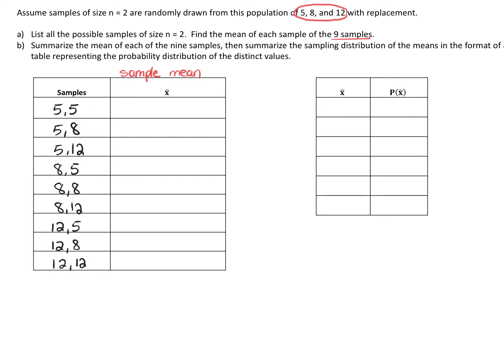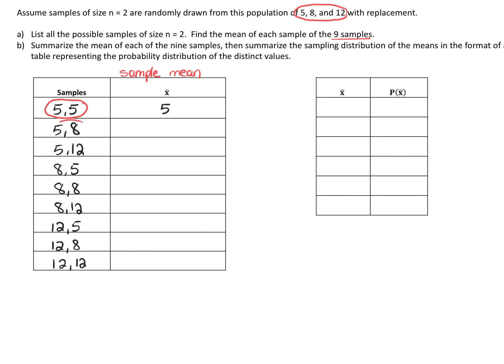So then the next thing we do is we say, okay, any time that we randomly pick two numbers from that population of three numbers, what are all the possible sample means that we could get? Well, if we choose the sample and get 5 and 5, then the sample mean from this sample is going to be 5 plus 5, which is 10, divided by 2, which gives me a sample mean of 5.